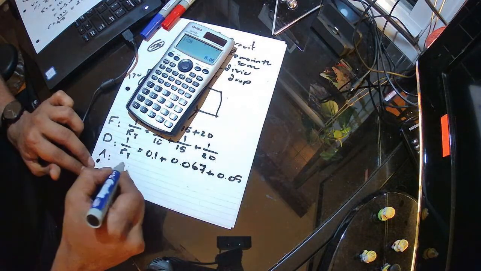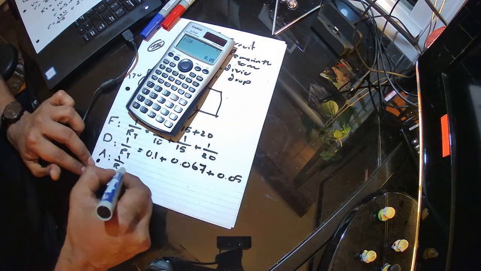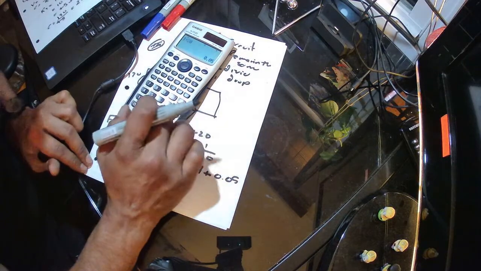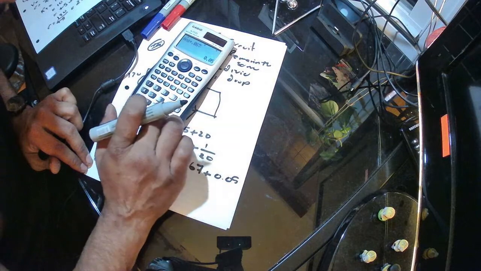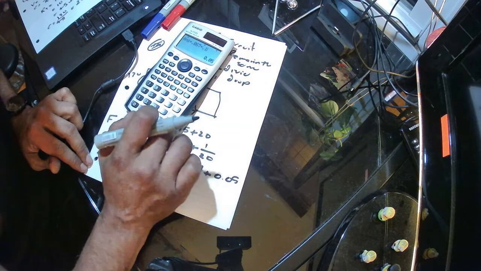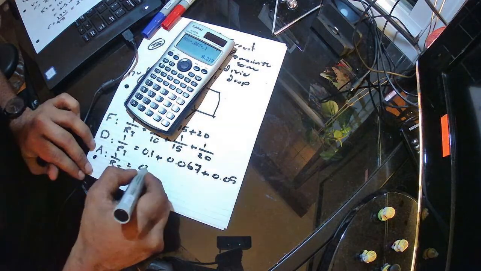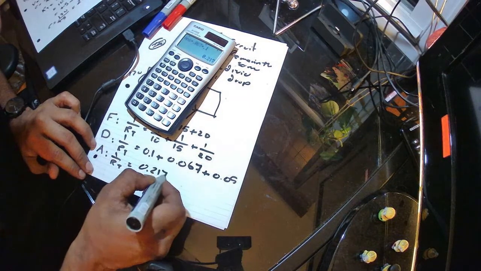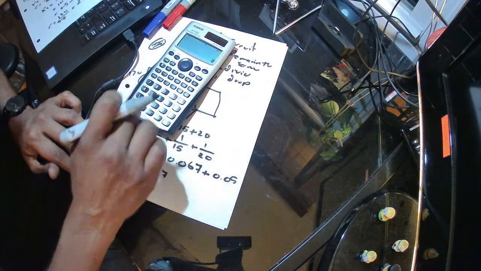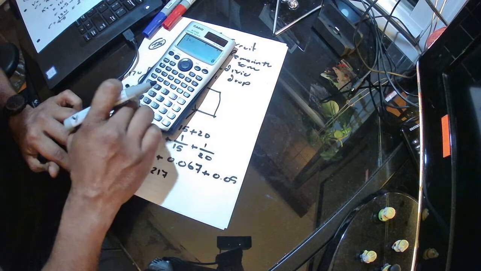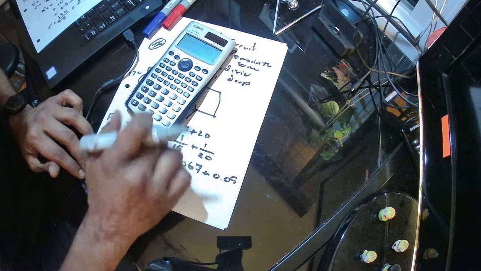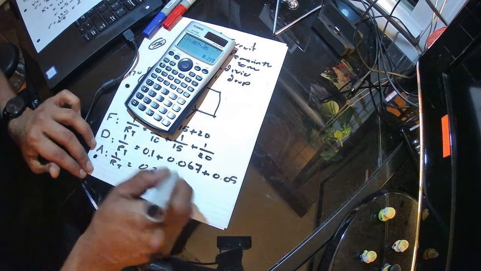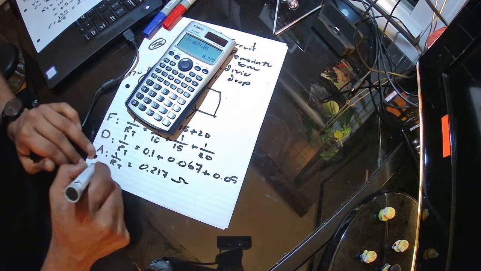Then add 1 over RT equals all of these together: 0.1 plus 0.067 plus 0.05, and I got 0.217. Let me double check. So finally, flip again.